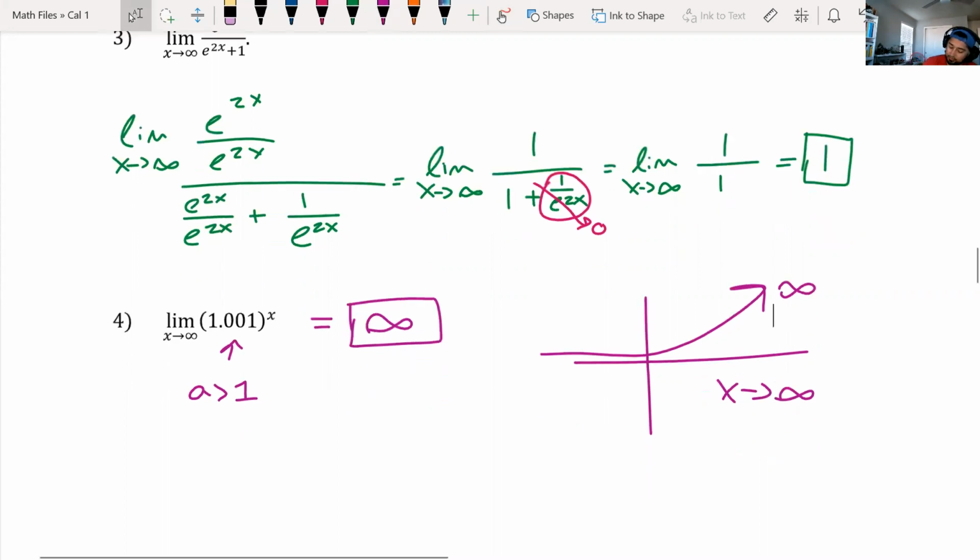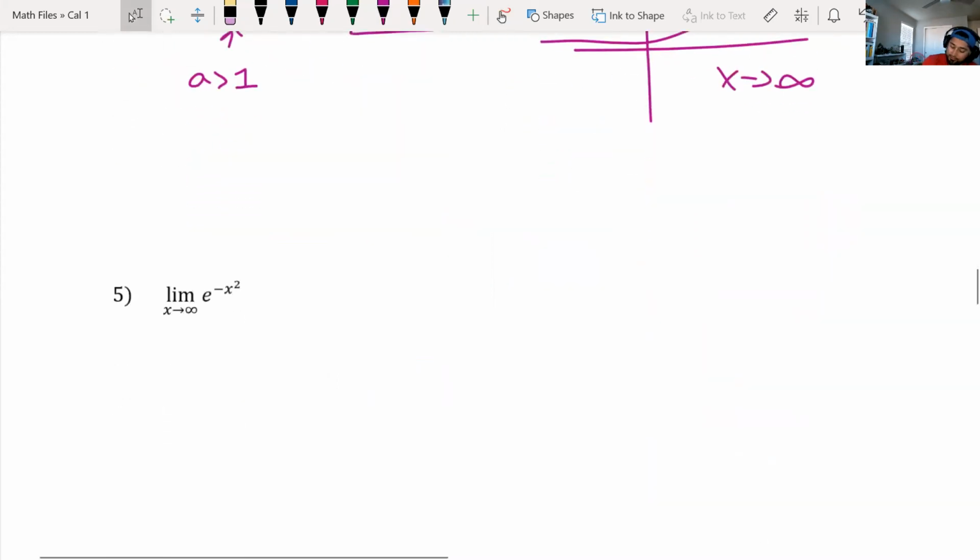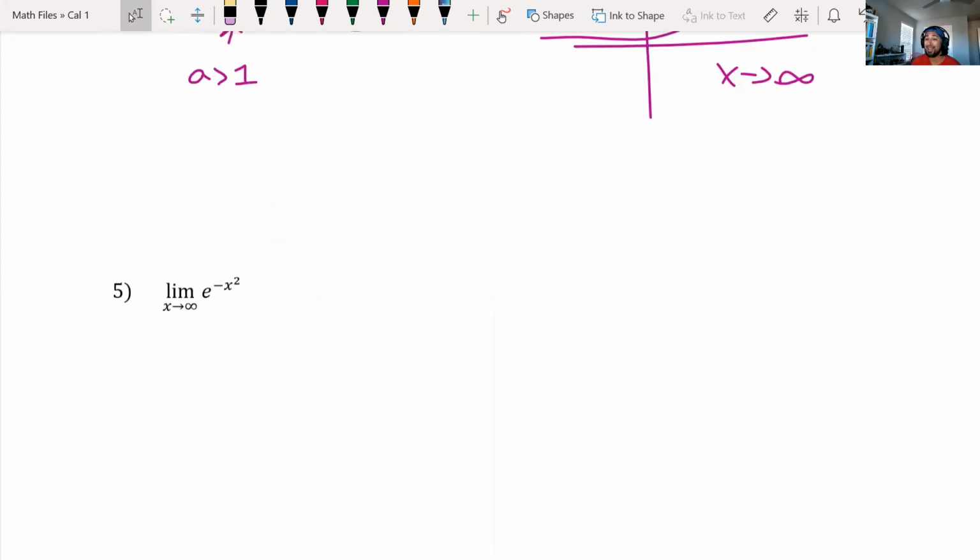Next one. 5. The limit as x approaches infinity of e to the negative x squared. So this is like the second example we did. So we're going to want to think of this function, negative x squared. And if I graph negative x squared, what type of graph does that make? A parabola going down.